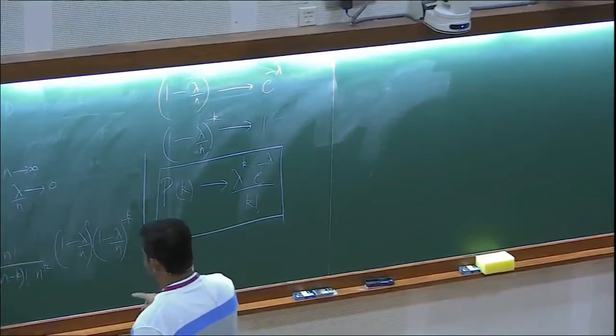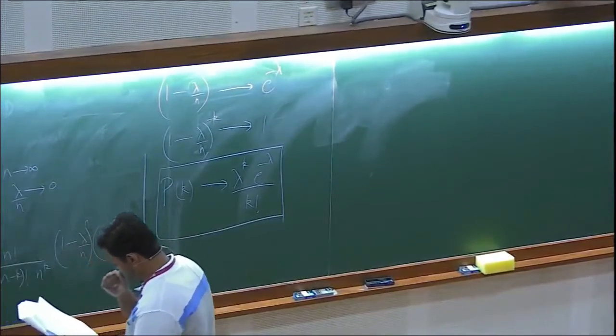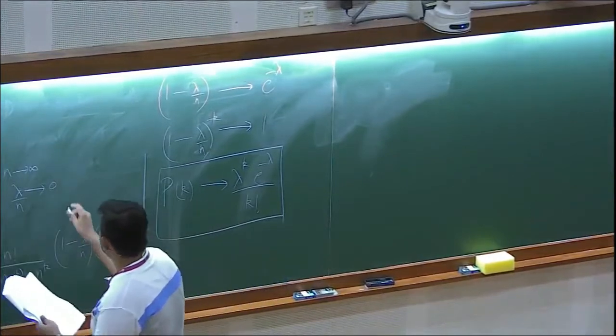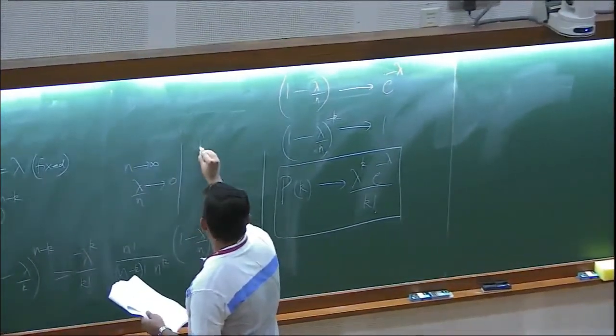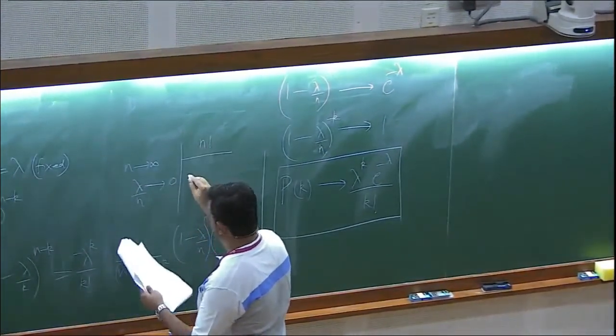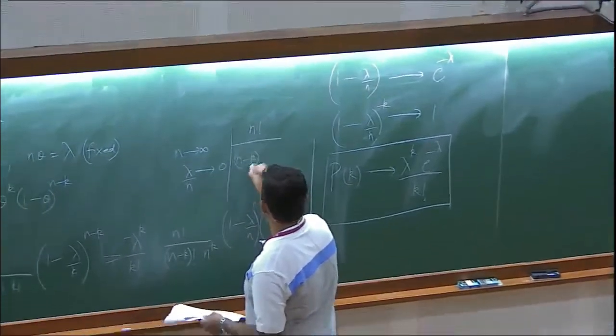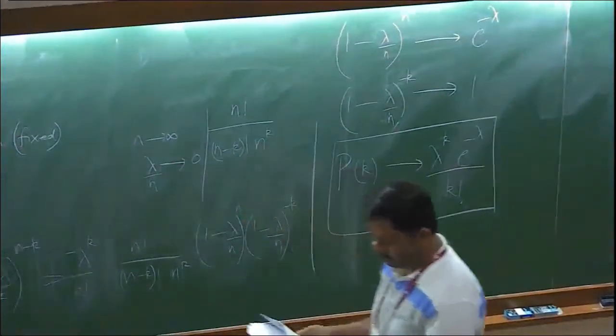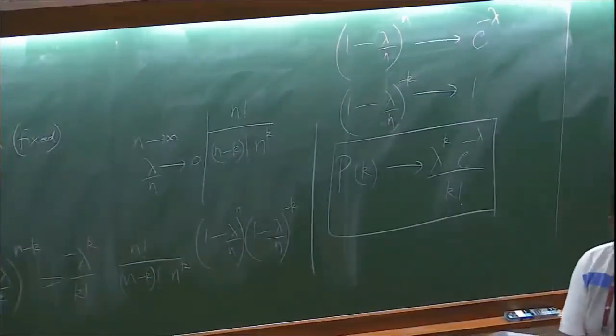Yeah, that factor is also there, so that will also go to 1. So in fact, you can just look at n factorial by n minus k factorial times n to the power k, and in the limit n tends to infinity this will go to 1.